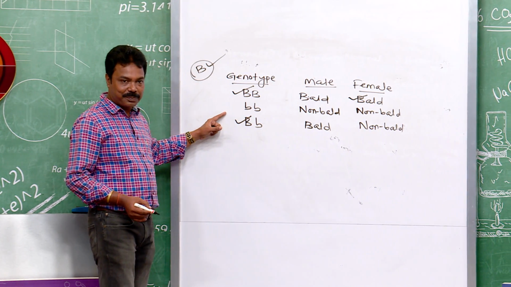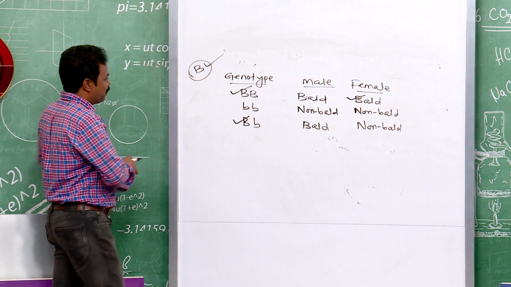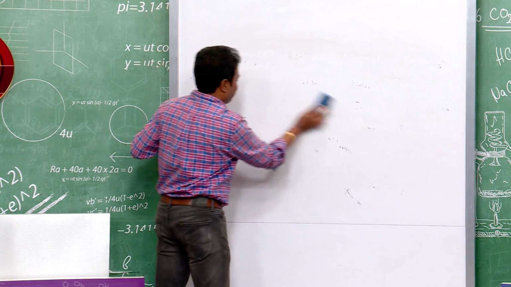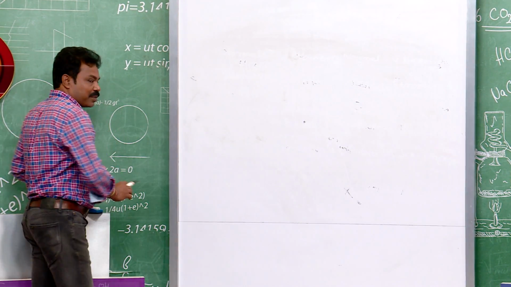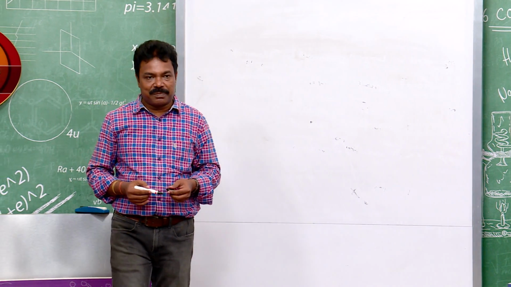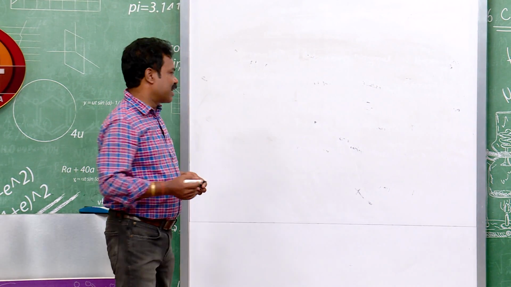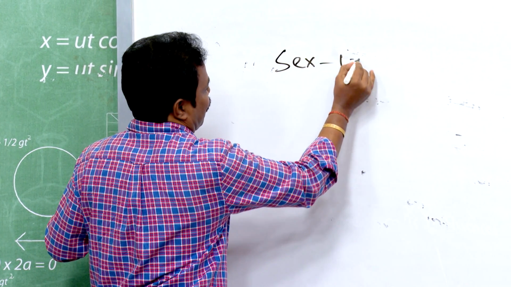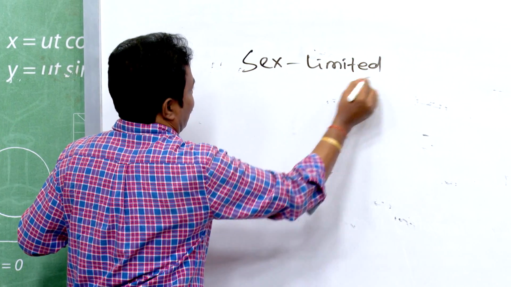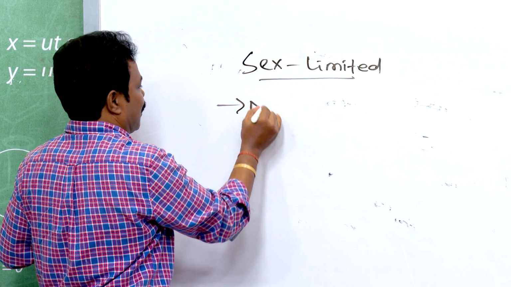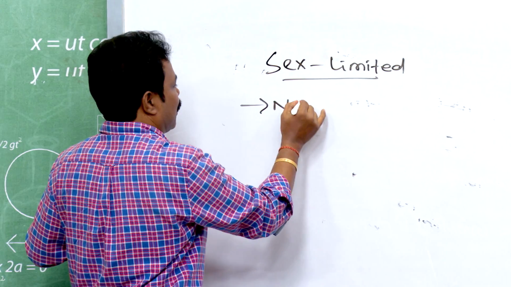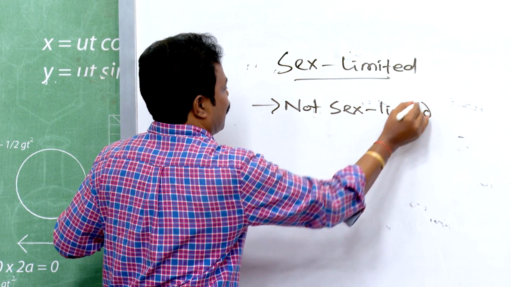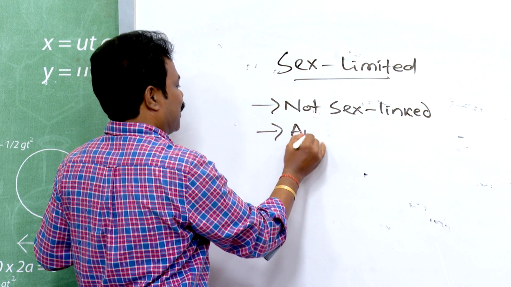Any doubt? Then the next trait, the sex limited trait. What is it about the sex limited traits? Sex limited traits are also not sex linked. Not sex linked means they are autosomal.